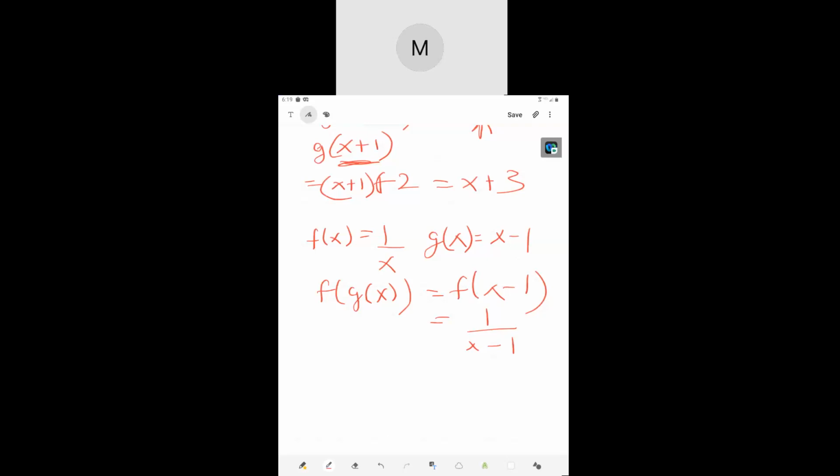So that's why the whole x minus 1 goes into the denominator. Same thing with g of f of x. That's the same as writing g of 1 over x, and in this case the answer would become 1 over x minus 1, and the minus 1 would be on the outside, not under the denominator, because we are only substituting the x part here and not the x minus 1 as a whole.